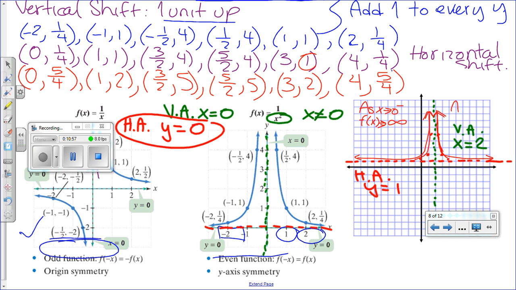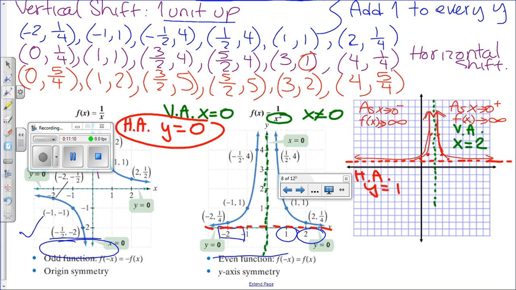And if we look at what's happening as x approaches 0 from the right, we will say that f of x approaches infinity. So just as a little preview for when you take calculus, if you were asked to find the limit of this function as x approaches 0, here we could consider the right limit and the left side limit to be equal. So in this case, the limit will be infinity.